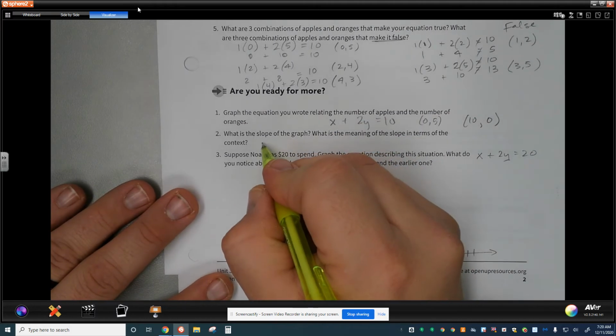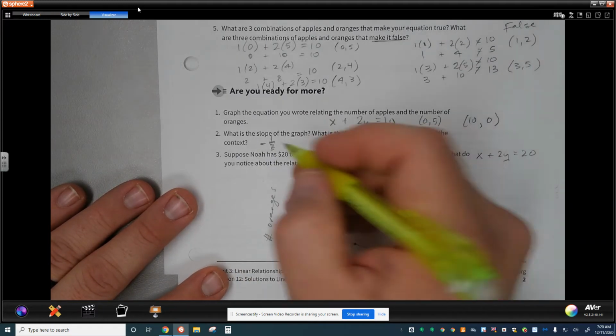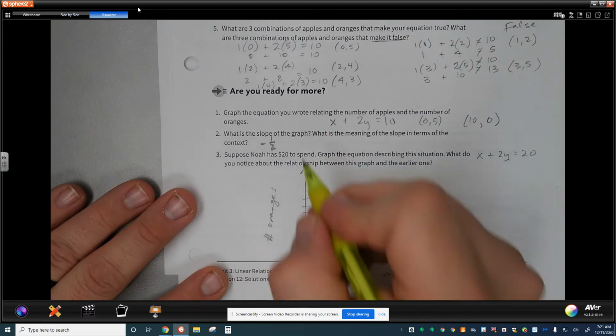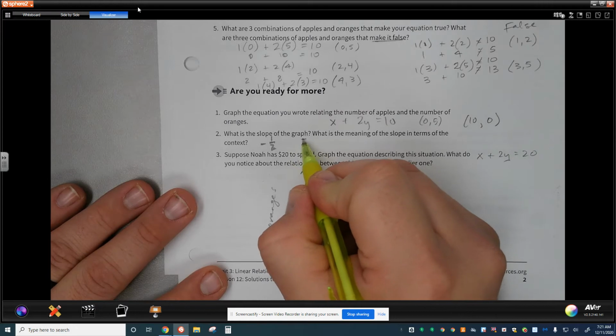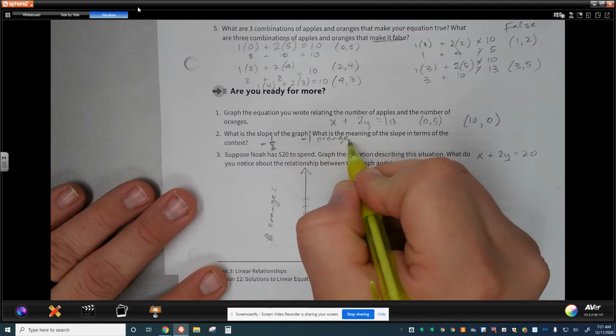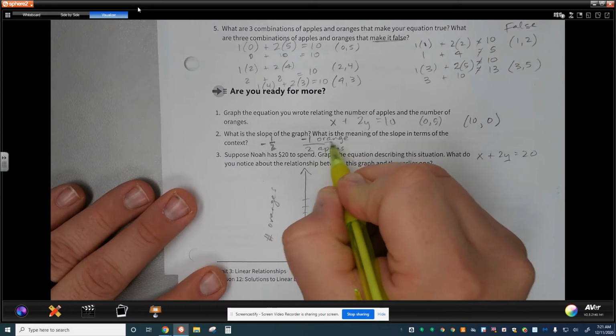We see that our slope of the graph is -1/2. Now, what exactly does that mean? Well, think about the change in y over the change in x. As we go down 1, we're talking about subtract 1 orange for every 2 apples that we buy.